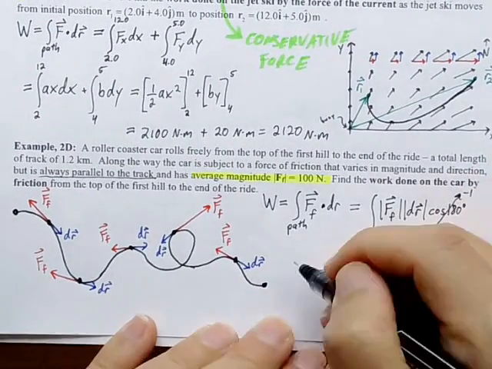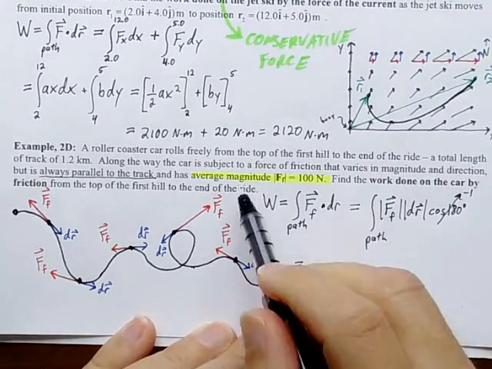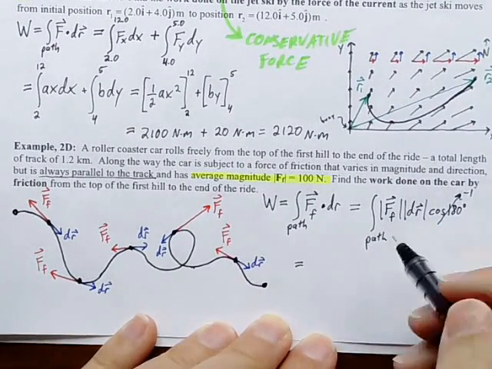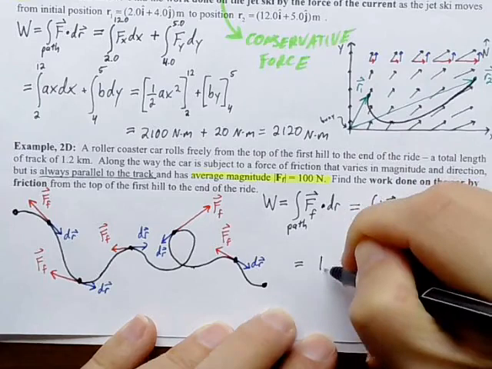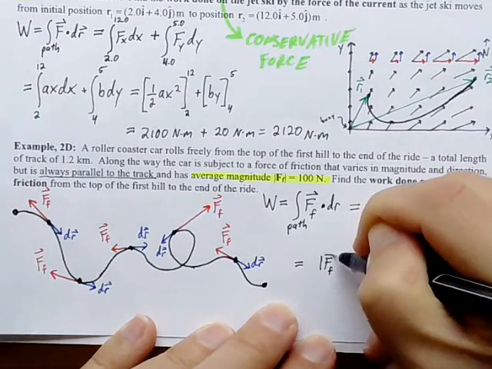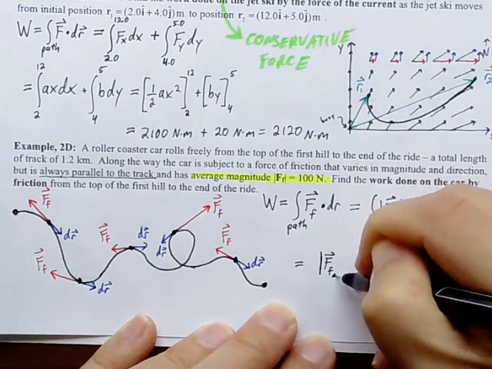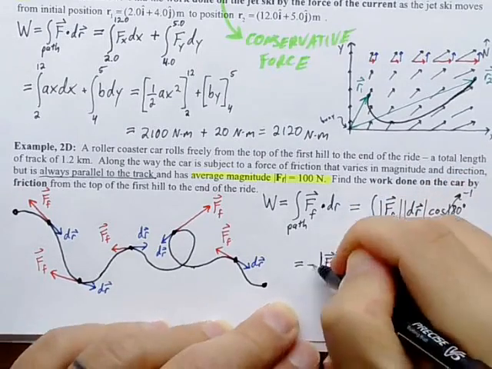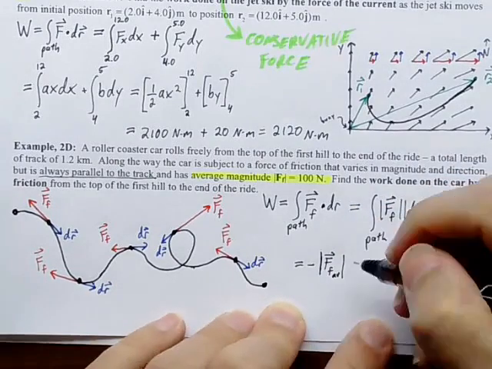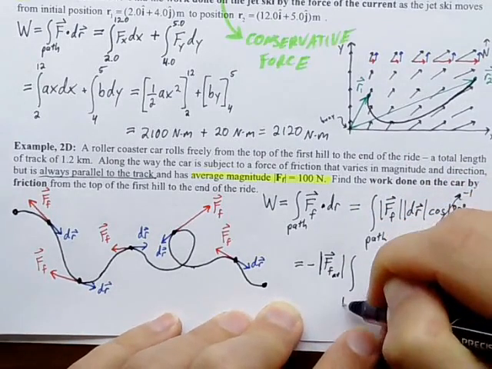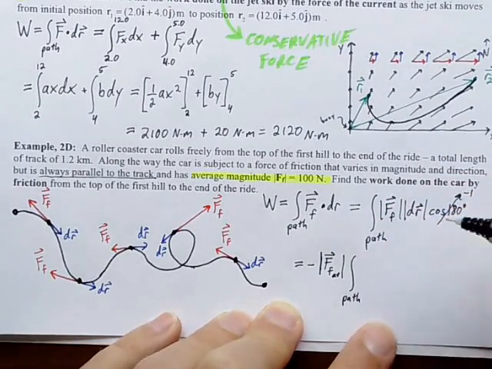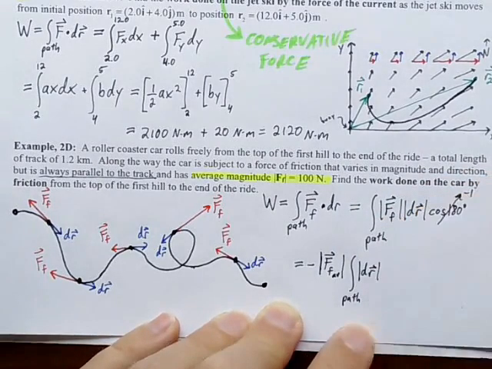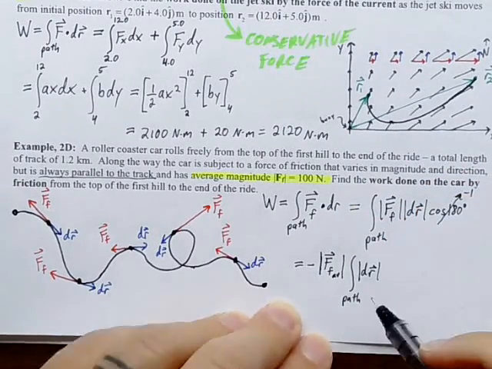And so, since we know the average magnitude of the force of friction, we can pull out that constant average magnitude from our integral, pull out the -1 as well, and we're left with the integral along the path, the sum of the magnitudes of all the displacement vectors.